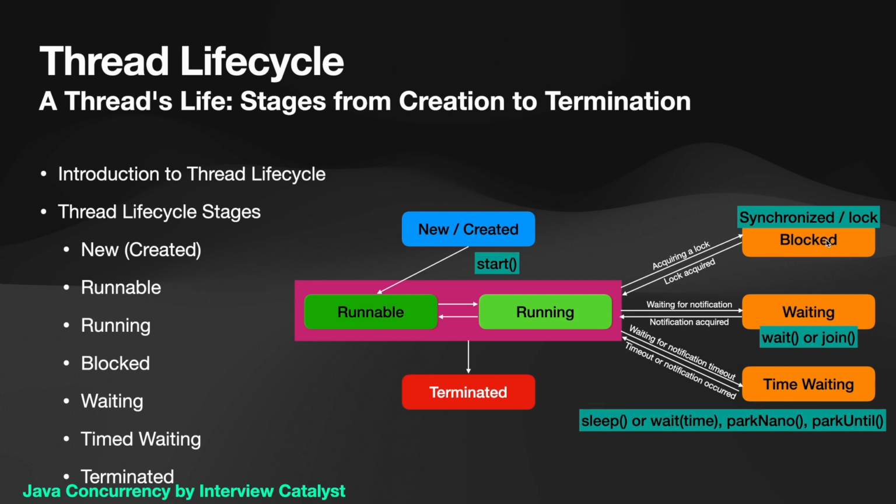A blocked state generally happens when two threads are competing for a synchronized block or method and only one of them gets the lock. So the other thread goes into the blocked state. Once it acquires the lock on that synchronized method or block, it again comes to the runnable state and then it gets a CPU and moves to the running one.